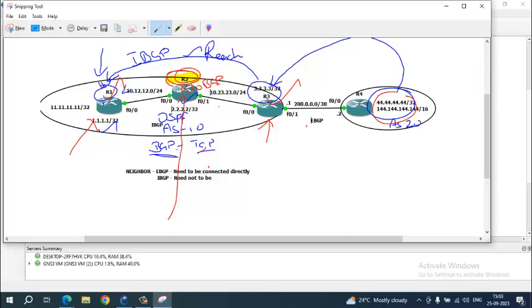Likewise, whatever router 3 gives to router 1, even though it is going via router 2, R2 cannot open it because it is not destined to R2. It is destined to the neighbor called R1. So whatever R3 sends to R1, R2 will simply forward it.